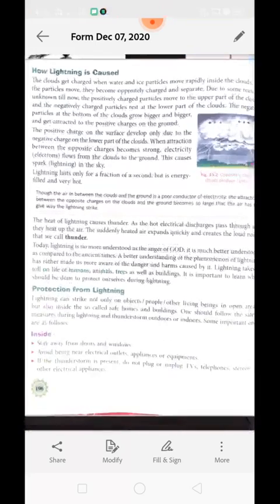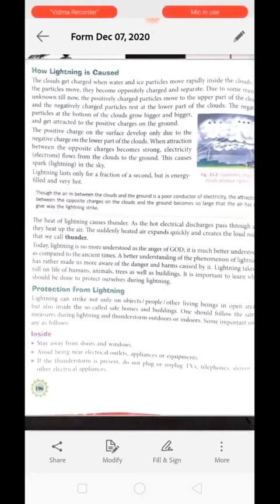When water and ice particles move rapidly inside the cloud, it means the wind is blowing with a very high speed through the cloud. The particles of wind get rubbed on the particles of cloud, that is icy water or ice water vapor. When these two rub against each other, heat is generated due to friction, and because of that heat the atoms become charged.